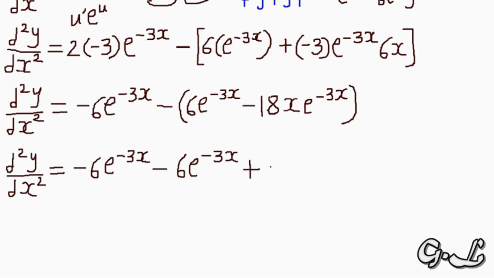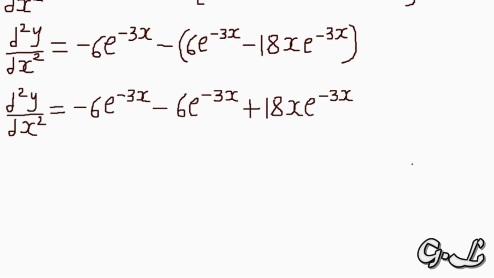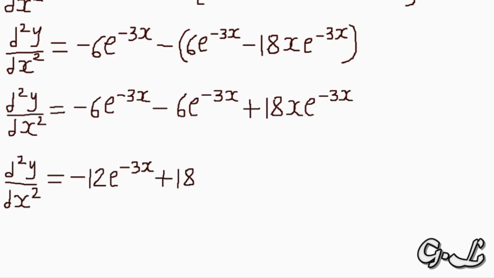So it will be plus 18x e to the negative 3x. And then you're also going to simplify further. So negative 6e to the negative 3x minus 6e to the negative 3x gives you the value of negative 12e to the negative 3x. And then what about that one on the right hand side?